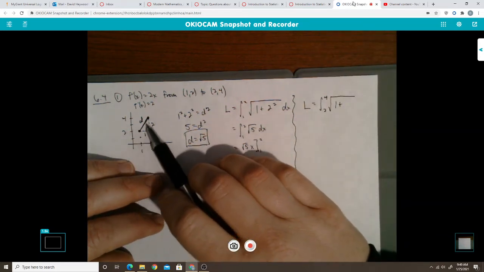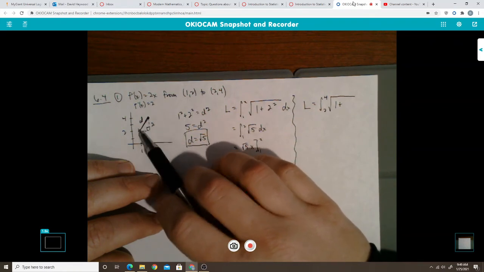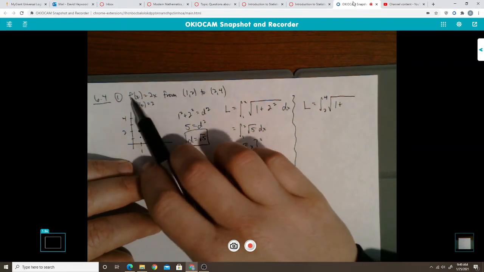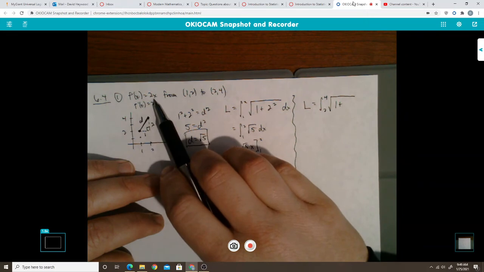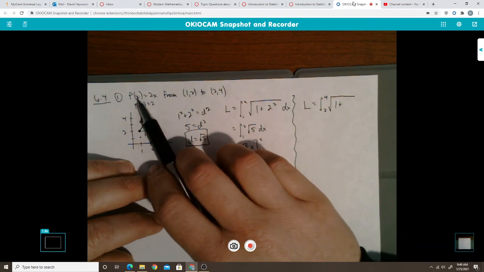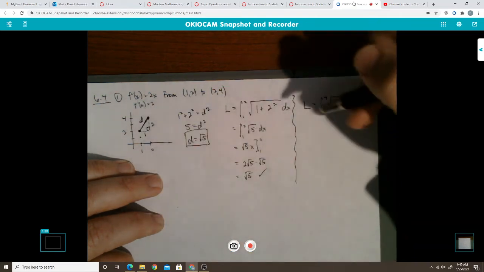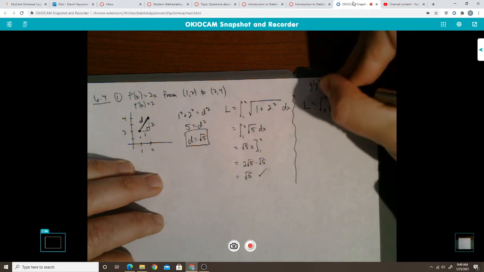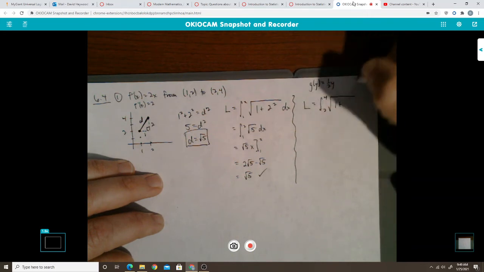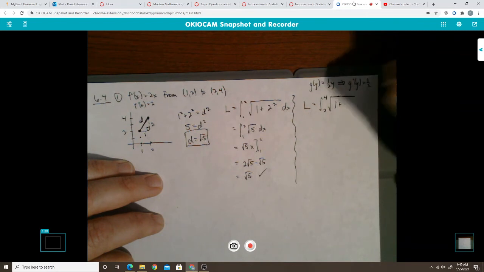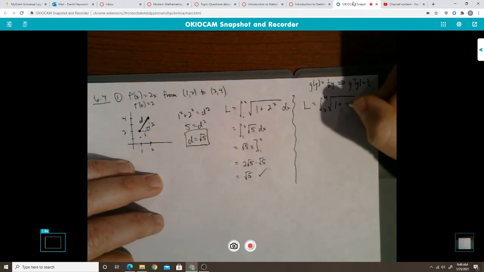So first of all, I need to get this line segment in terms of y. In terms of x, it's y equals 2x. So if I solve for x, I'm going to get x equals y over 2, or 1/2 y. So g of y is 1/2 y, and that means that g prime of y is 1/2. Okay, so it's going to be the square root of 1 plus 1/2 squared dy.